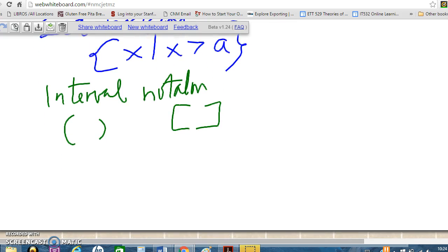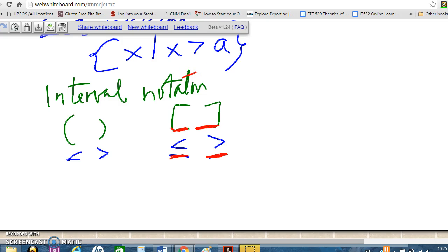Well, we're going to use parentheses every time we have a strict inequality, just like less than or greater than, but we're going to use the brackets when we have less than or equal to, greater than or equal to. So one way I used to remember this is, if it has a line in the bottom, then I want something that has a line in the bottom. And so that's how I remember these things.